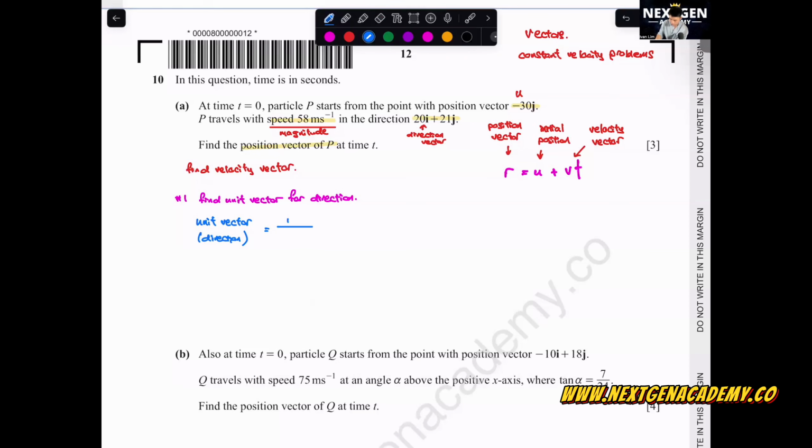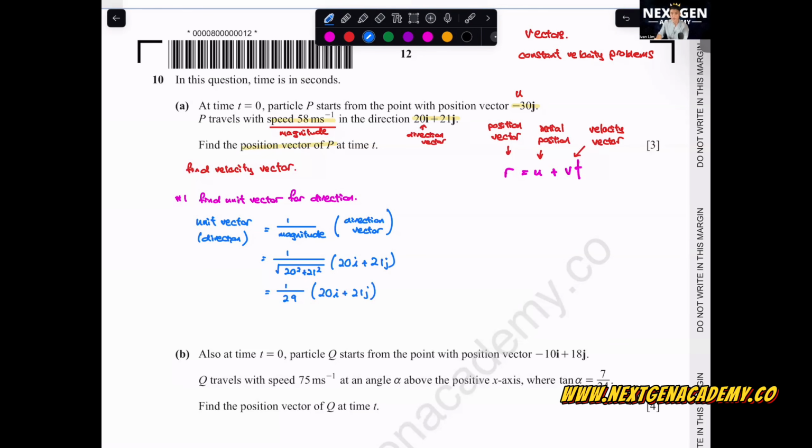It is 1 over magnitude, then multiply by the direction vector. I want you all to always write it into this form, so it's easier for you to see. The magnitude is the square root of 20 squared plus 21 squared. The direction vector is 20i plus 21j. This we can simplify to 1 over 29 times (20i plus 21j).